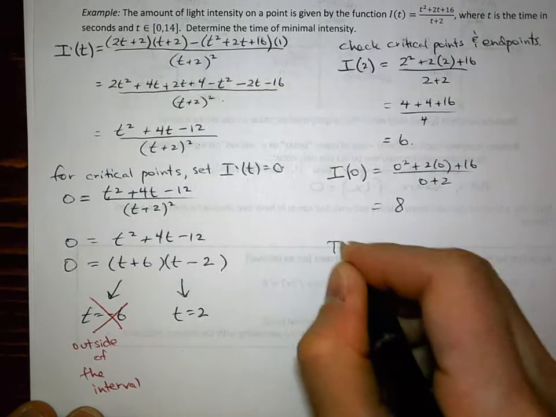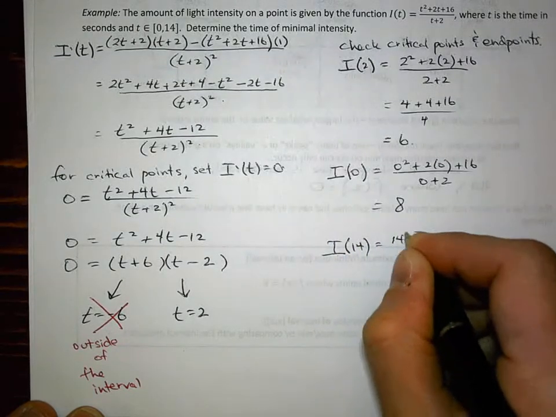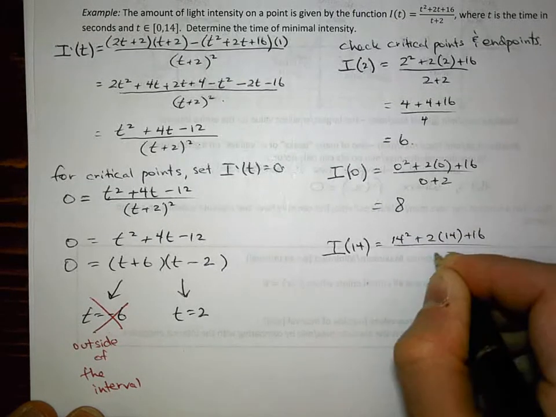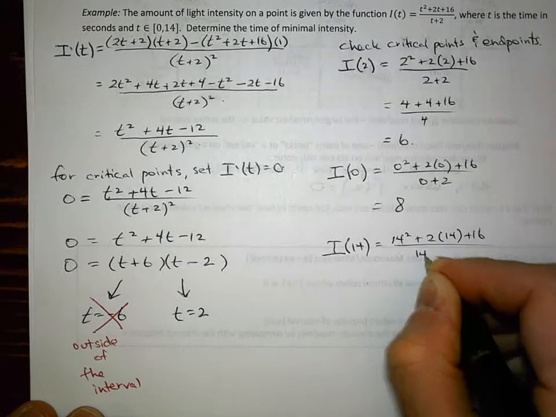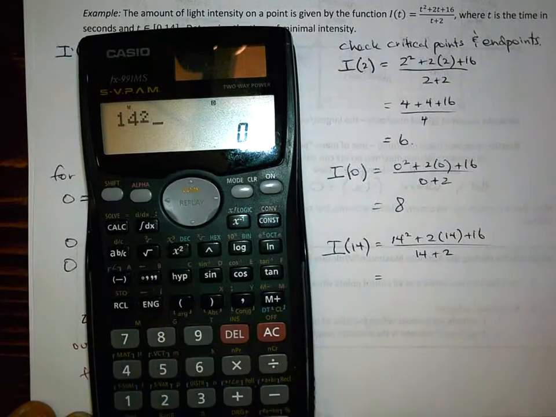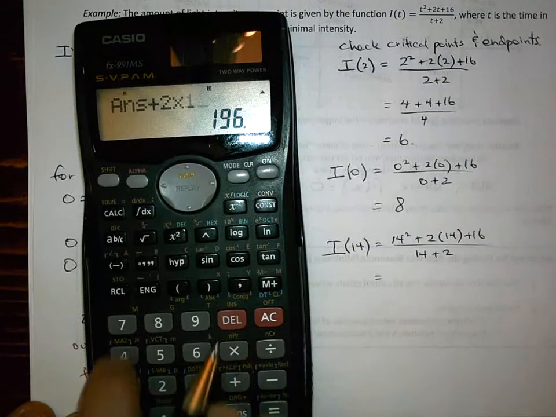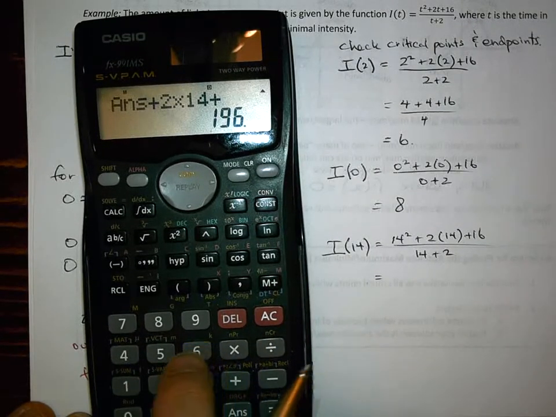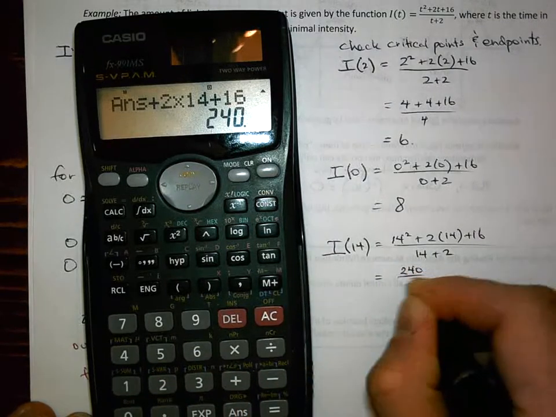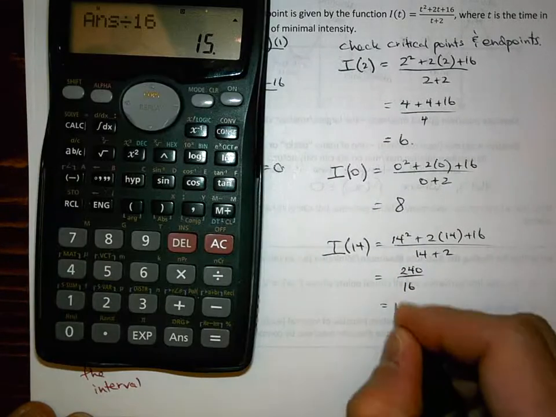And then I have I at 14. I'm going to have to get a calculator for this one. 14 squared plus 2 times 14 plus 16 over 14 plus 2. That's 240 over 16, which is 15.